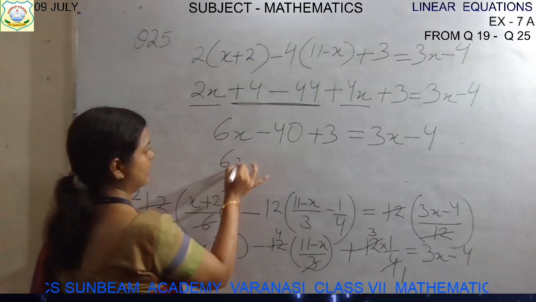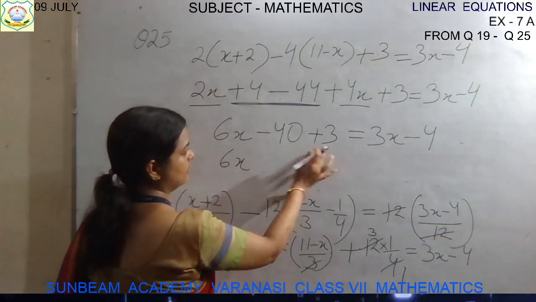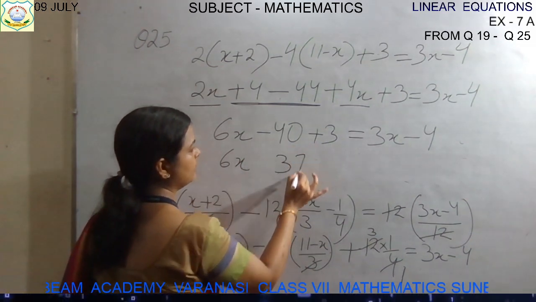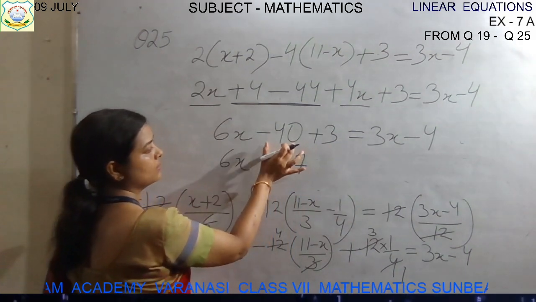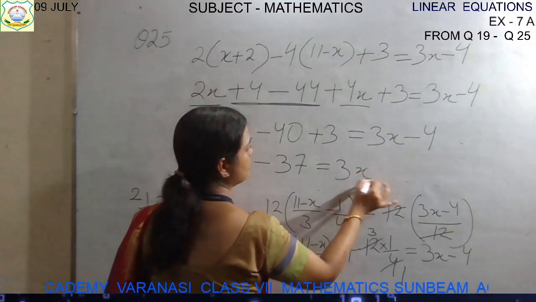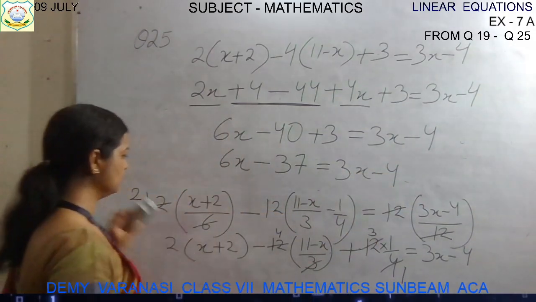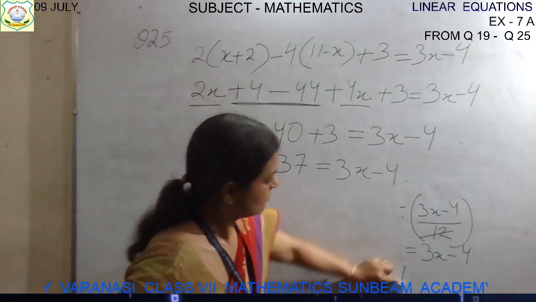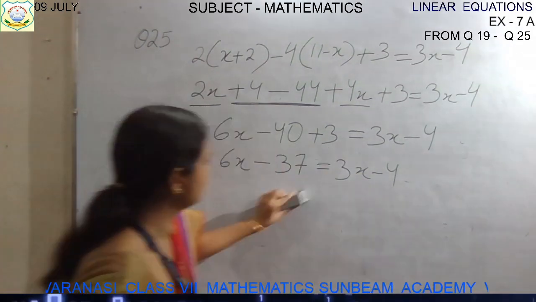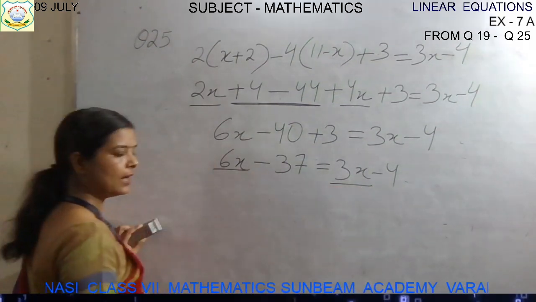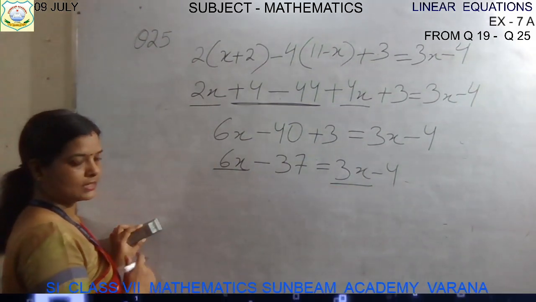So 6x, now subtract it. 3 will be subtracted from 40, 37 will be left, and the sign of the bigger number, minus. That is equal to 3x minus 4. Now, one more step is left, children. What is that? Separating the variable term on one side and the constant term on one side.